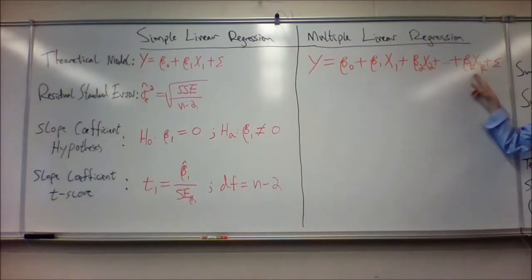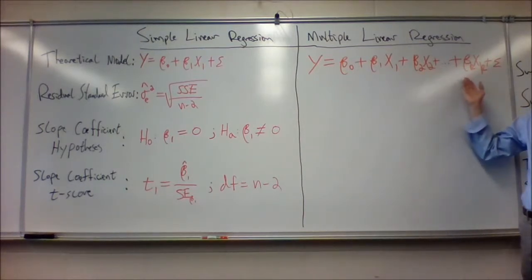This just means I'm going to have k explanatory variables. So if k is equal to 3, then I'm going to have 3 explanatory variables.